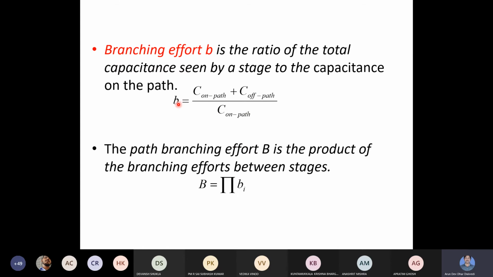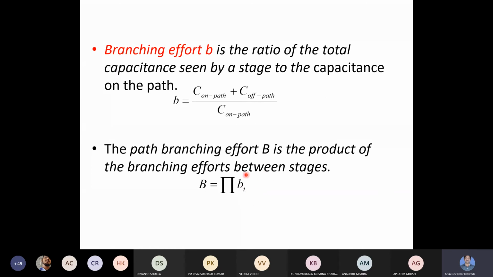Suppose there are so many branches, they will also be multiplied. So the path branching effort B, capital B, is the product of the branching efforts between the stages. So this capital B is defined as the product of Bi, meaning the branching efforts of individual stages multiplied together. So this is one specific branching effort, and there can be many of them, branching 1, 2, 3, whatever number.